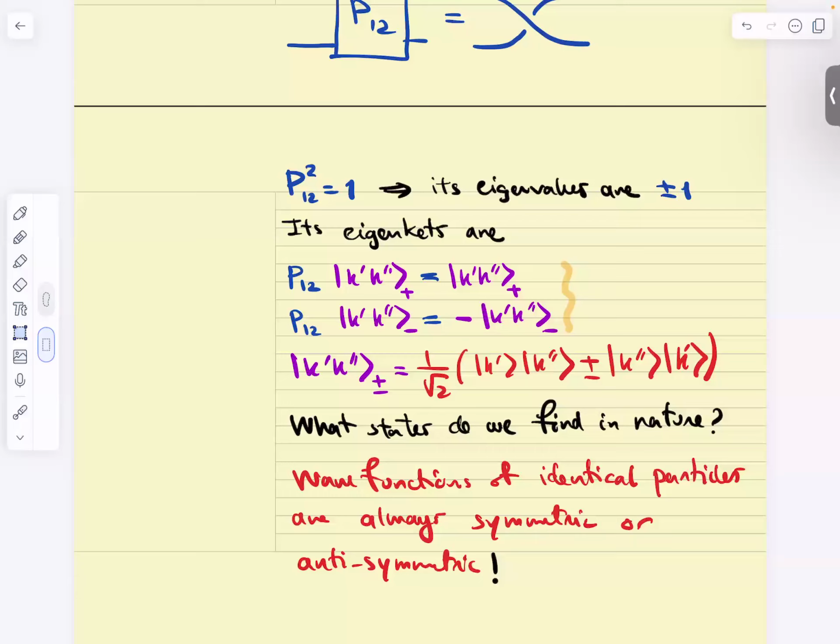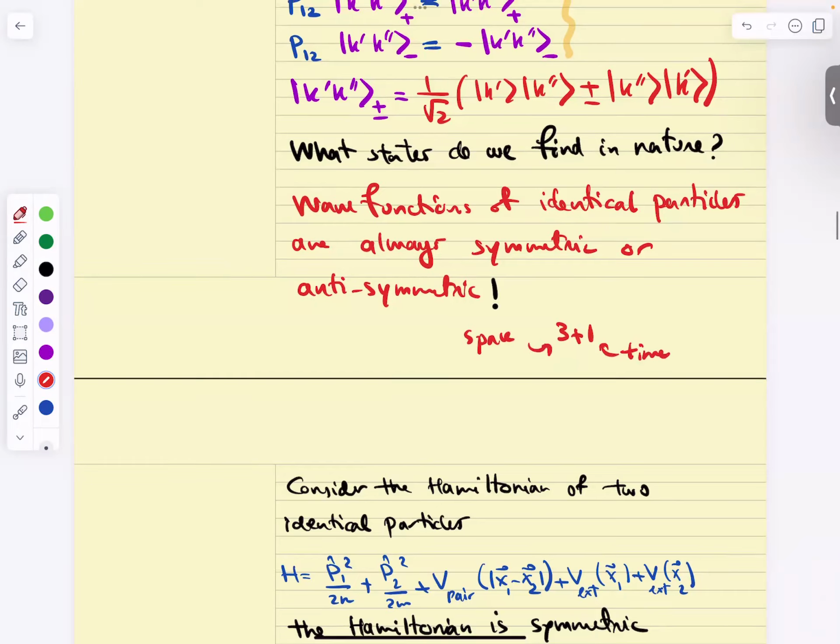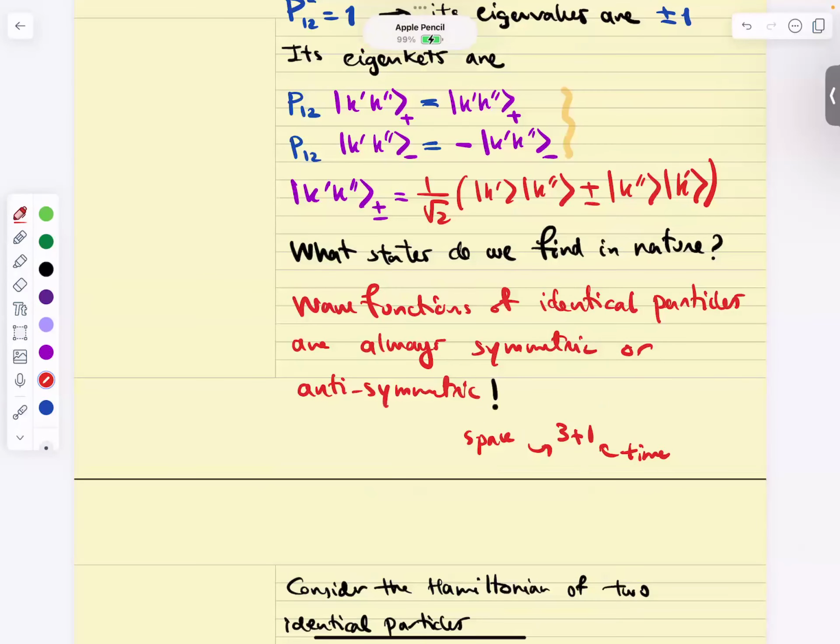By the way, there's a little caveat to this. This is true because space is three-dimensional, and the dimension of time is one. This statement is true if, when we look around in nature, nature is three-dimensional in space.